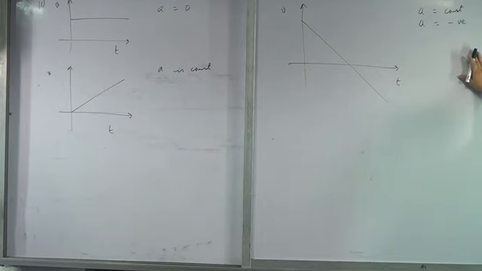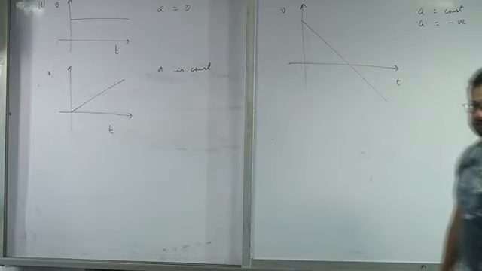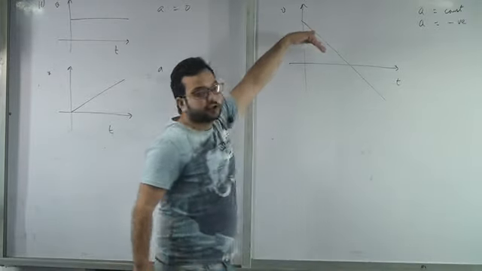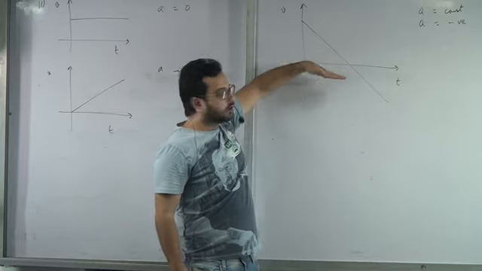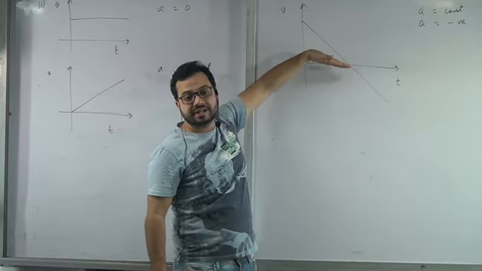Always? Always? Opposite. For the top half it will be retardation, and for the bottom half it will be acceleration. Now for the top half, the velocity is what? Above the t-axis. For the top half the velocity is above the t-axis.